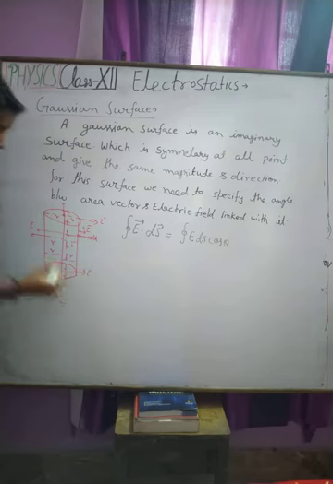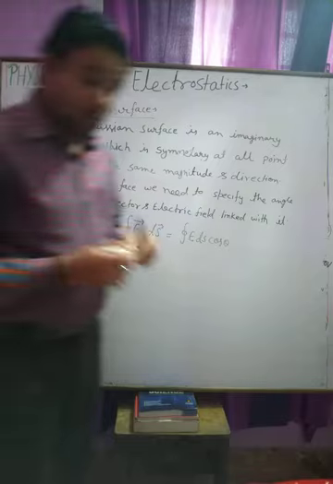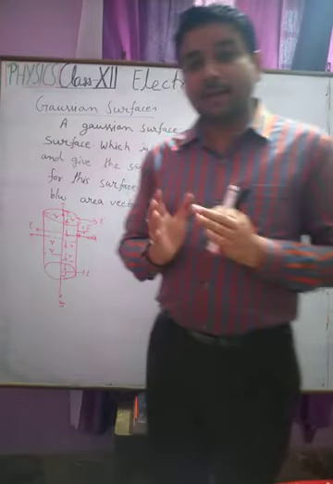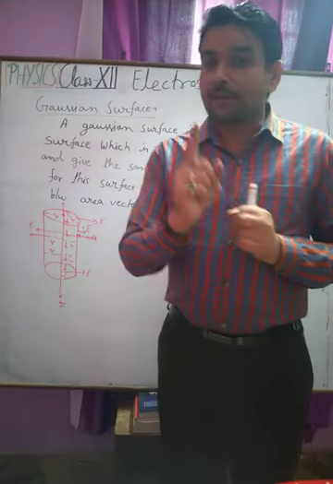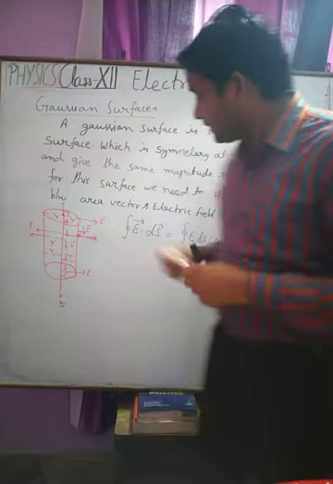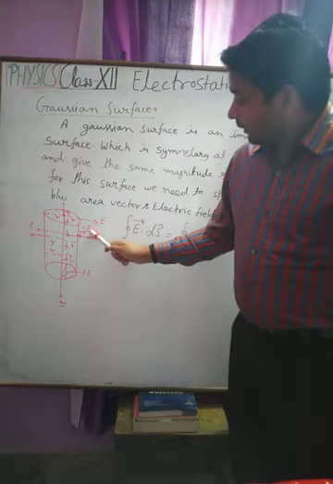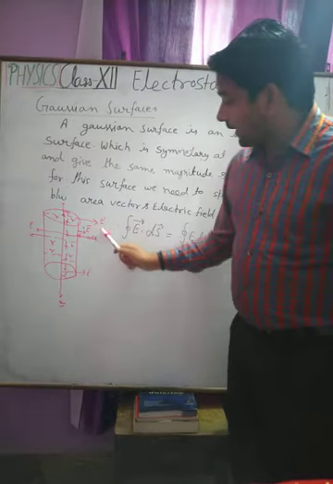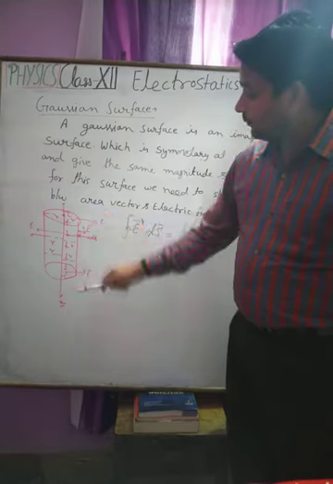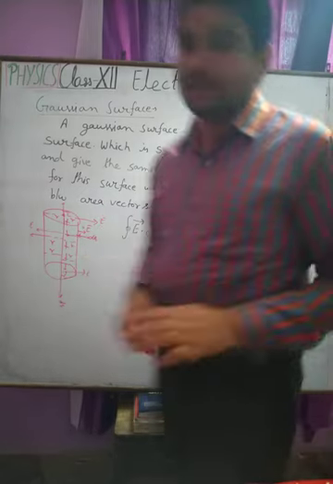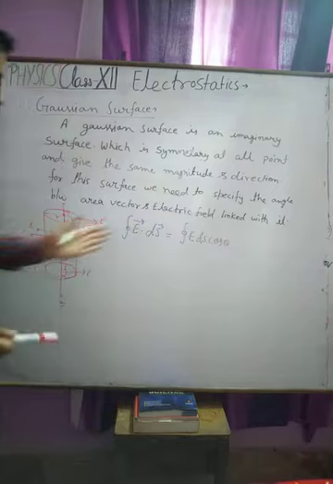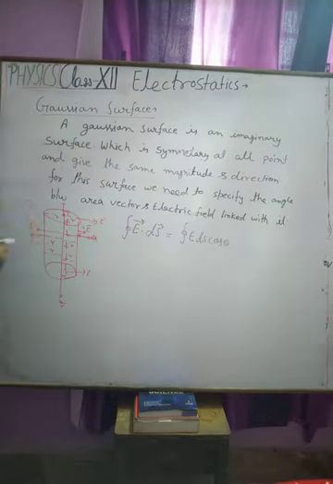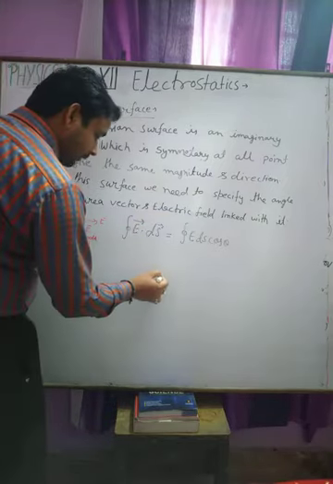Again you all know the cylinder has 3 surfaces, 1 curved surface and 2 flat surface. So for curved surface the angle is 0 degree and for flat surface the angle is 90 degree for this kind of charge distribution. Similarly we can assume a point charge.